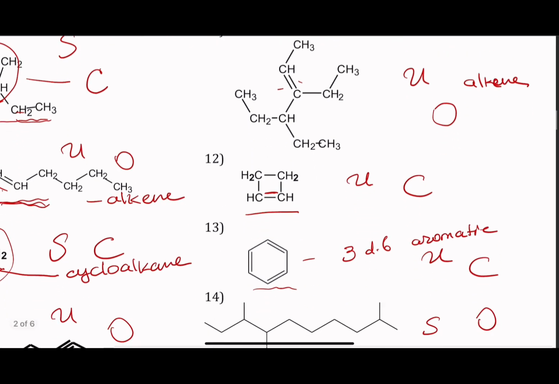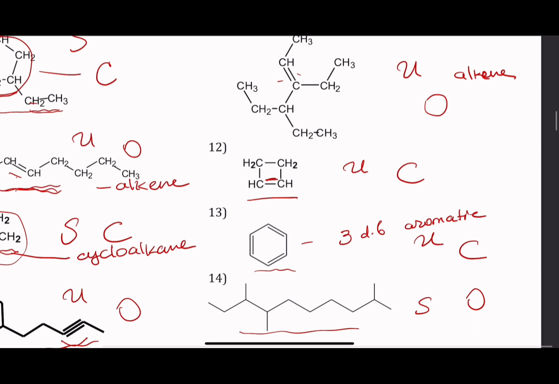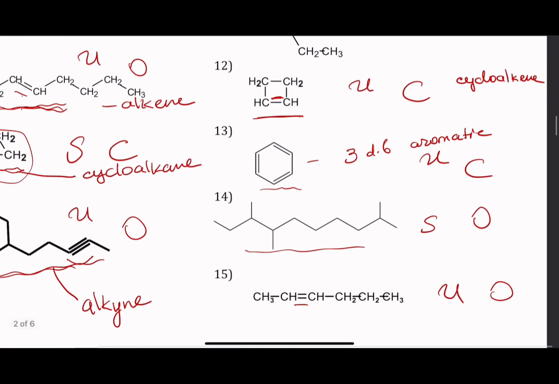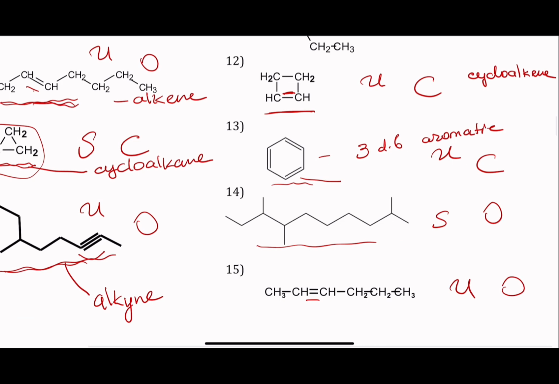Alkene. We have a double bond and a ring, so it'll be a cycloalkene. And this one is aromatic, and because we have a ring, this ring itself is called benzene, but the group it belongs to is called the phenyl group.